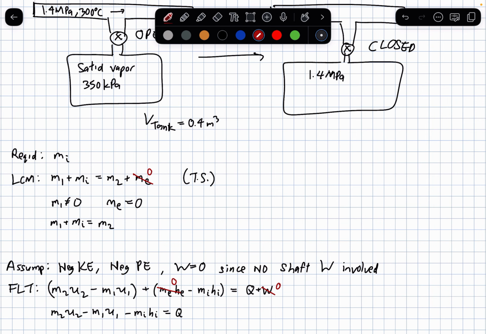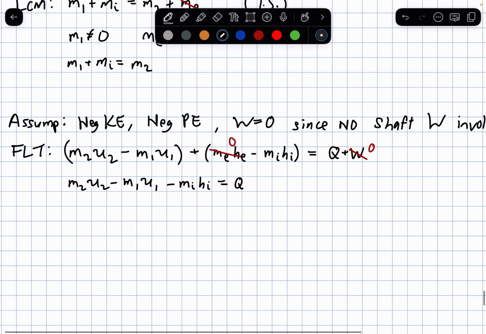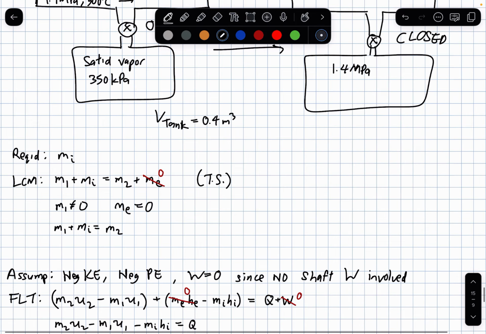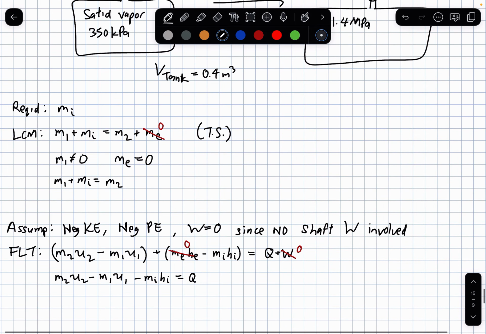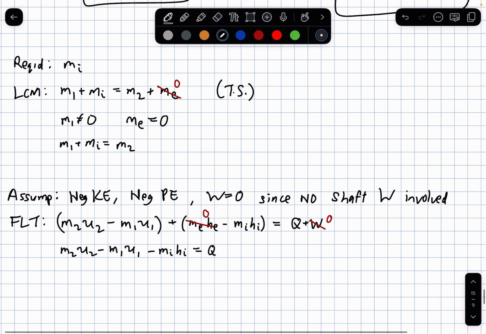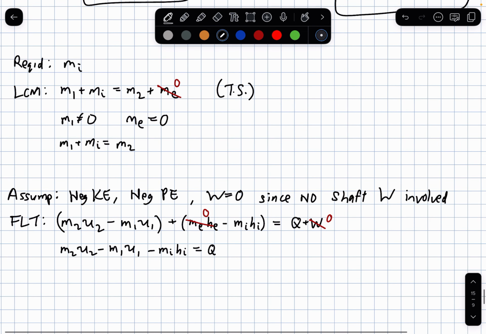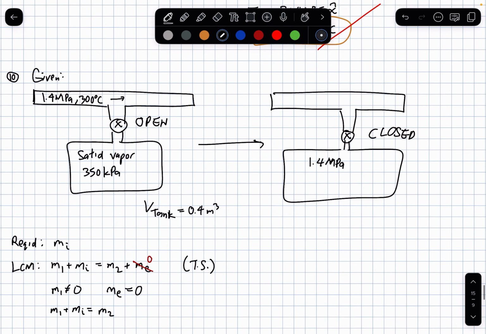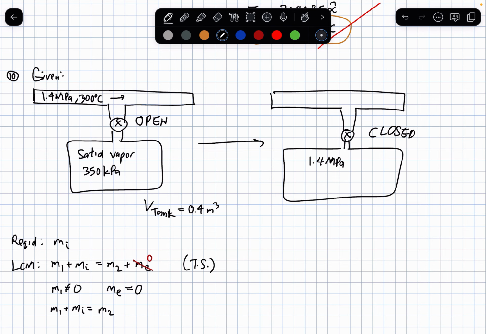So remove that, we only have heat transfer. Is the heat equal to 0? There is no mention of heat transfer. So I think we can assume that Q is 0 also.